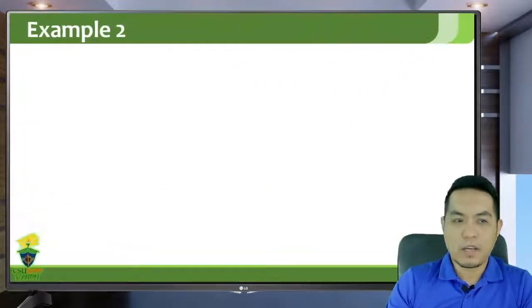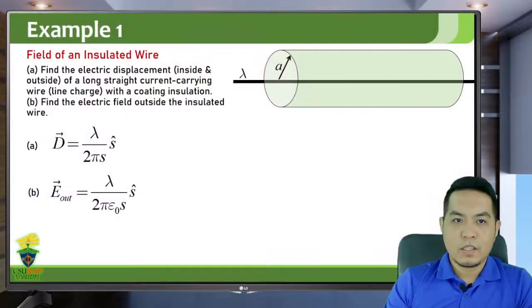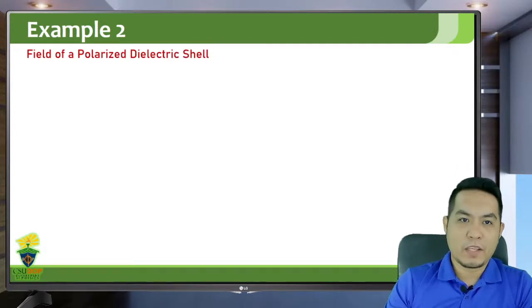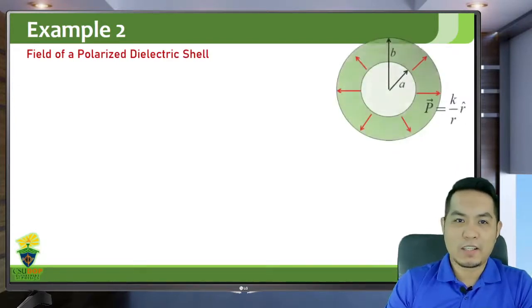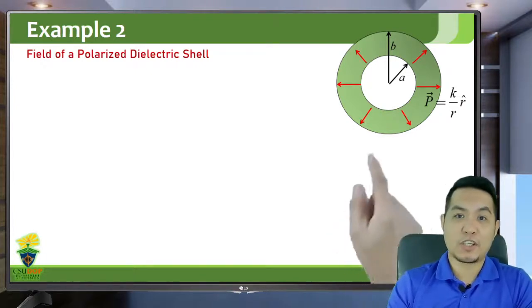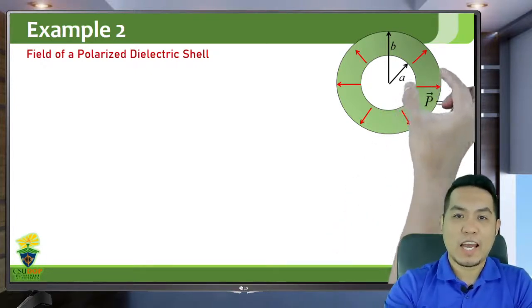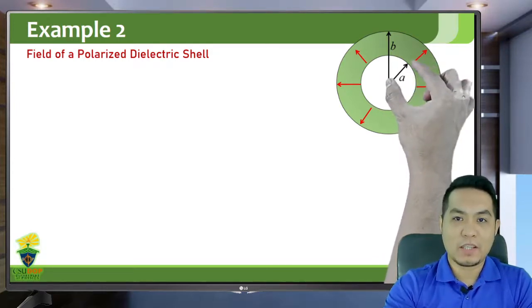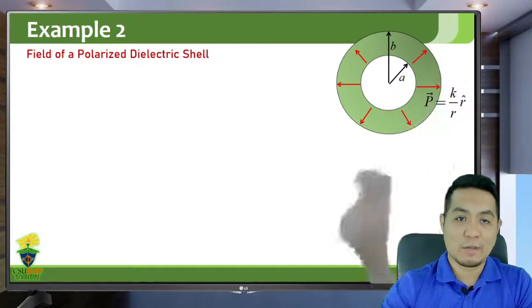So as a summary, these are our results. Another example is the field of a polarized dielectric shell. This is a dielectric shell, but the shell has a thickness. So its inner radius is a, its outer radius is b.